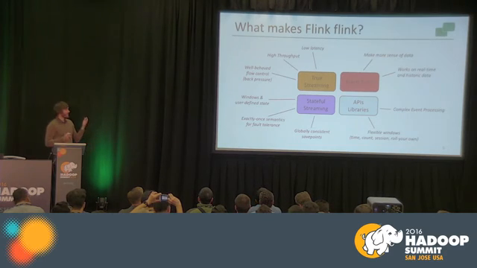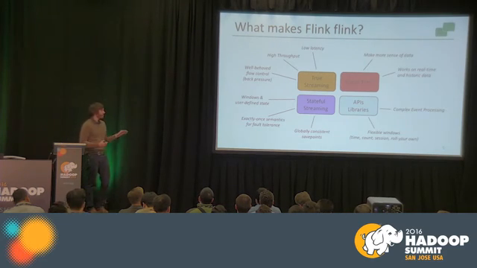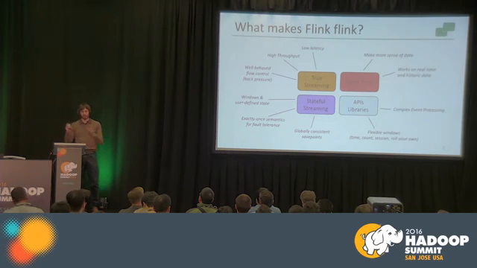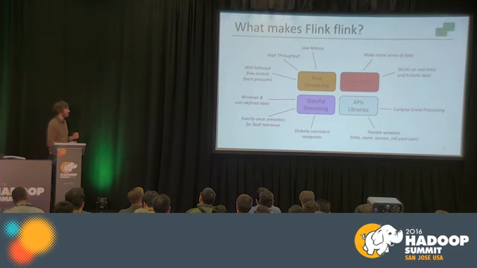It has very good support for stateful processing, which is especially important for what we're going to talk about today. So it can give you exactly once semantics in the case of failures for state in the streaming computation. It has the notion of globally consistent savepoints, snapshots that you can take of the computation and use them to modify the program or upgrade the framework, or just fork off different variants of your streaming program.